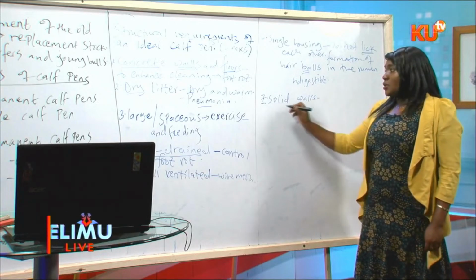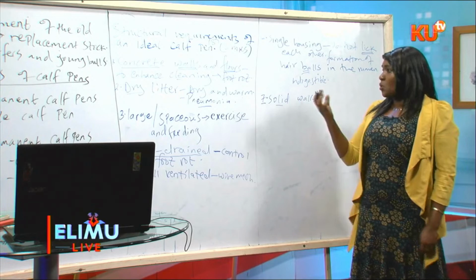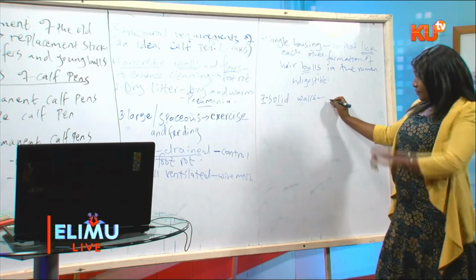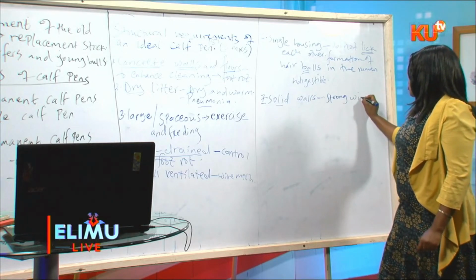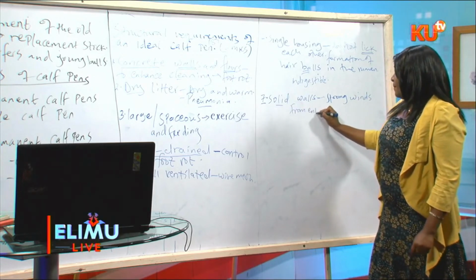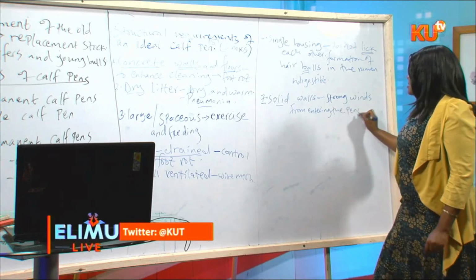So we need solid walls, especially at the sides where the strong winds are coming from. And these solid walls prevent strong winds from entering the pens.